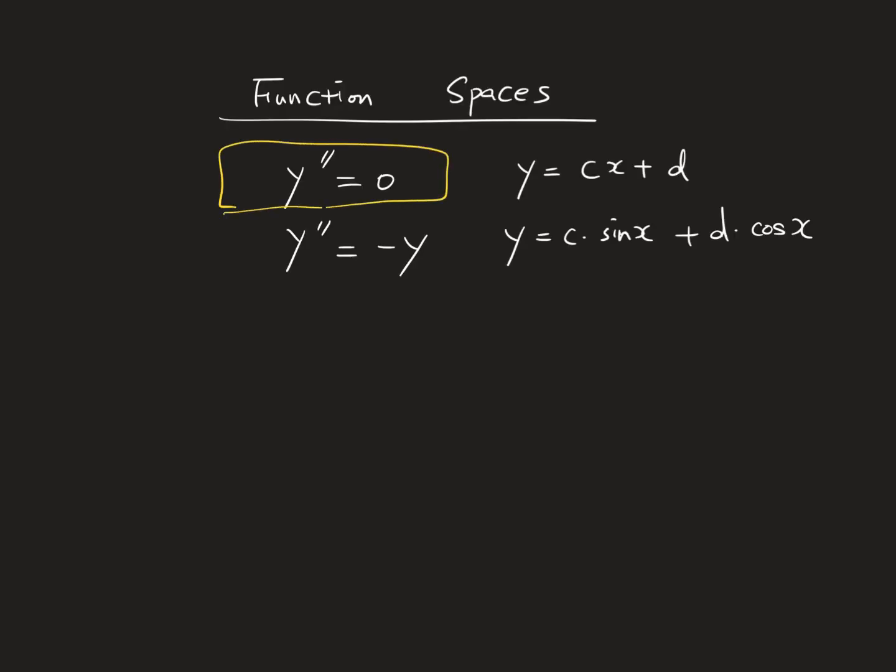Now we will consider function spaces. For example, a solution space of a differential equation. If we have a differential equation y double prime is equal to 0, the solution will be this line, y is equal to cx plus d.